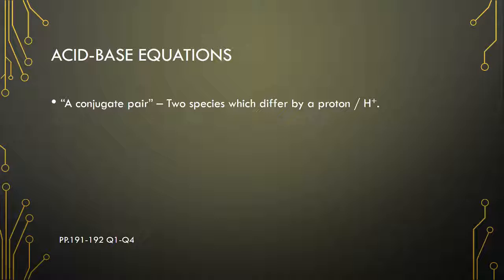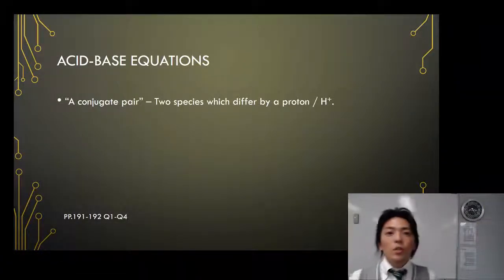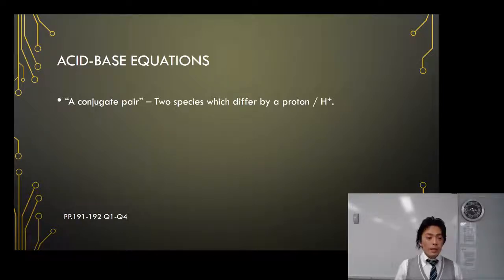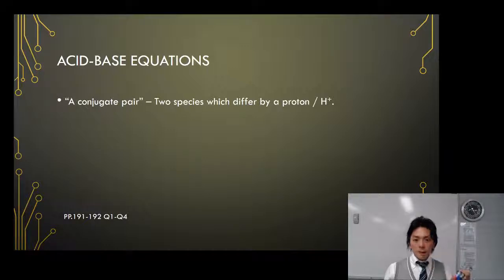All right, so what is a conjugate pair? A conjugate pair is two species which differ by a proton. For example, HCl, hydrochloric acid, if it gives off its proton because it's an acid, it will leave Cl minus. So HCl and Cl minus are a conjugate pair.